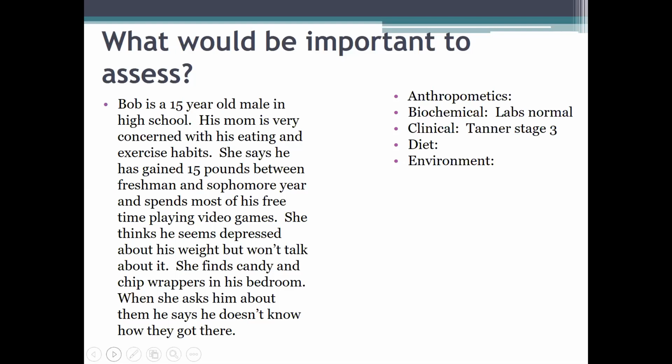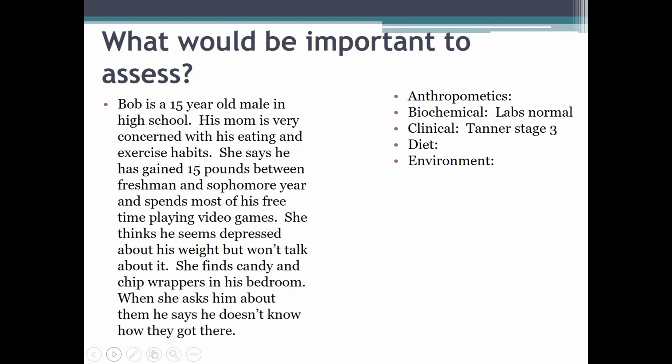Clinical data, I'm going to tell you, he did not have any medical diagnoses. He was in Tanner stage 3 in terms of his puberty development. This would kind of give you a clue that he could be in a growth spurt. Again, you'd have to think about that very carefully in determining whether you cared about that 15 pounds or not.